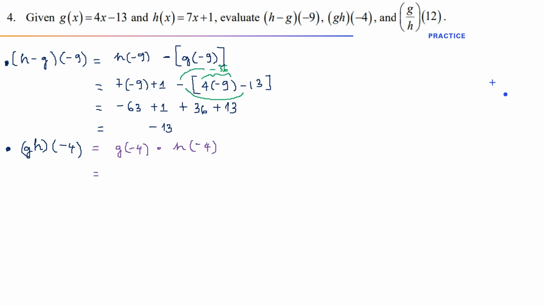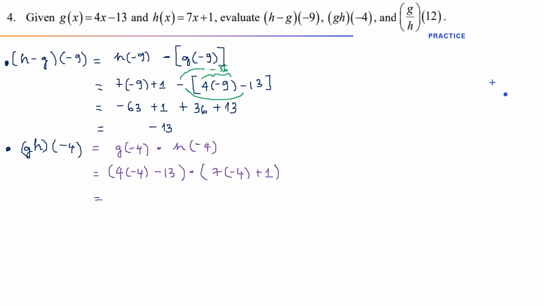Okay, g of negative 4 is 4 times negative 4, minus 13. Now multiply by h of negative 4, which is 7 times negative 4 plus 1.